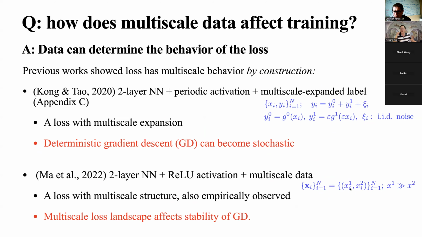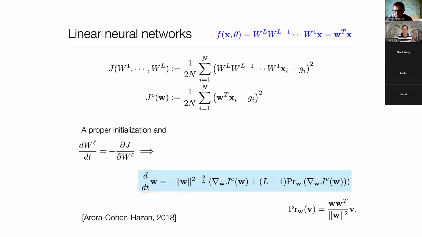Say x1 will be one magnitude and x2 will be smaller. After suitable rotations and translation, certain coordinates are larger than the others, which relates to the variance in those coordinates. Then the resulting loss function becomes multiscale, and they stated that it will affect the stability of your gradient descent algorithm. We're going to find out exactly how.